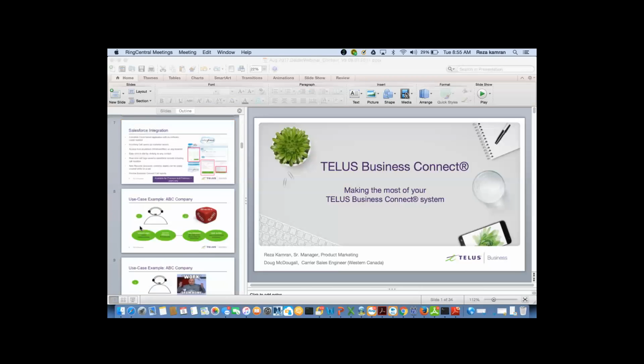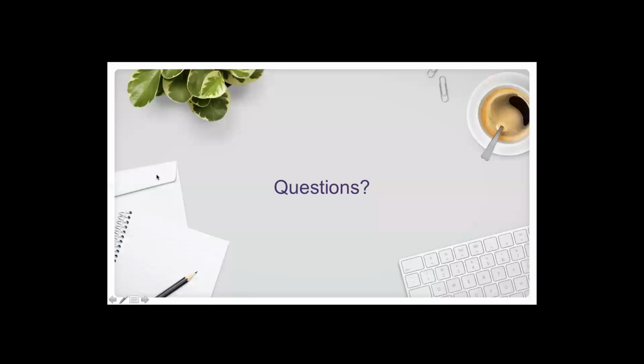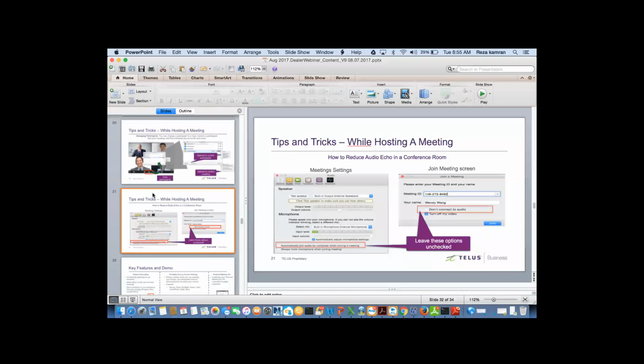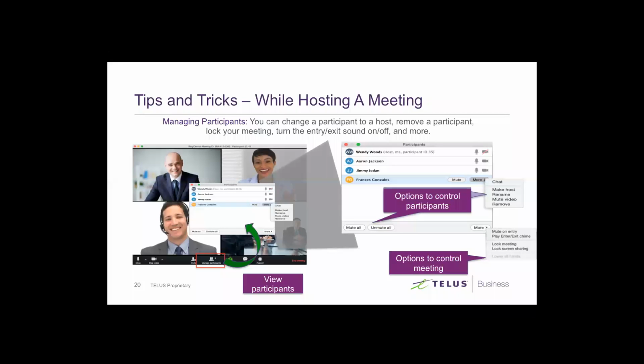Inside the meeting functionality of Business Connect, inside Business Connect meetings, we've got the ability to manage individual users, and there's that slide. In the participant panel on the right-hand side, you'll notice there's a mute all button. So the host can mute the entire organization, so it can become essentially a webinar or a one-way meeting.